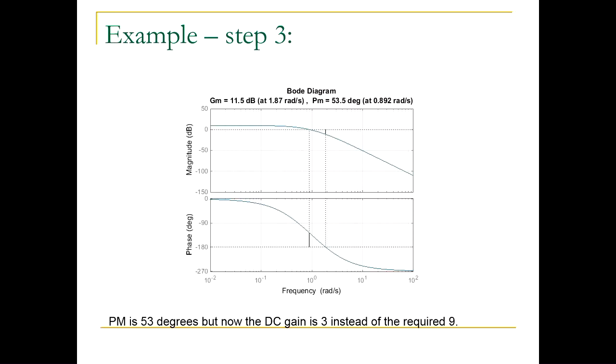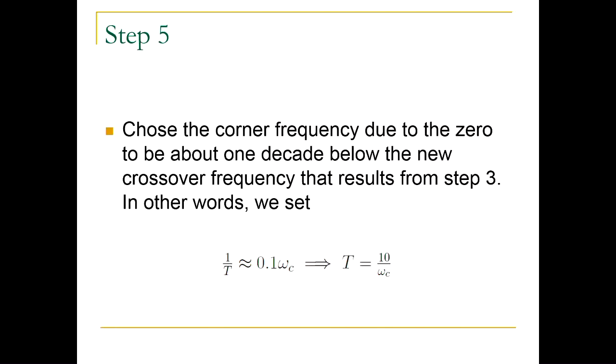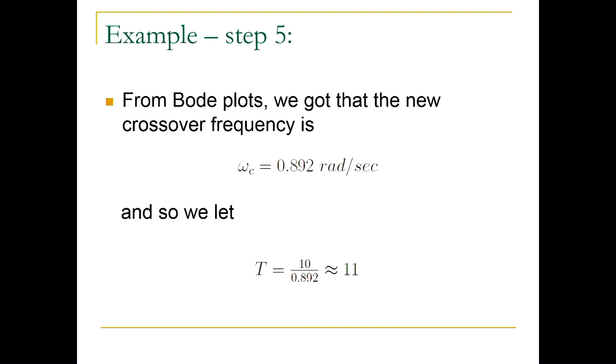So in other words, T should be 10 divided by omega C.